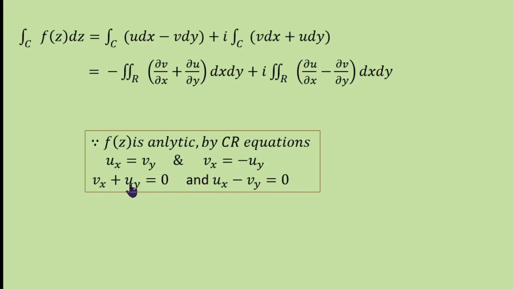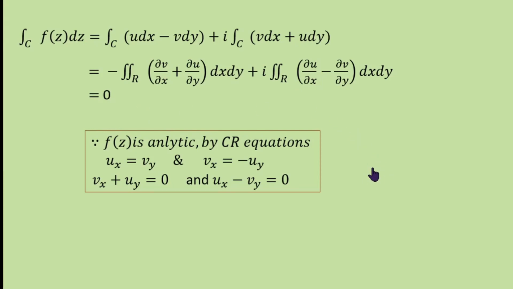So v x plus u y is 0 and u x minus v y is 0, which means the right hand side integrals are 0 and 0. Therefore, the integral over C of f of z dz is 0. So this is Cauchy's theorem.